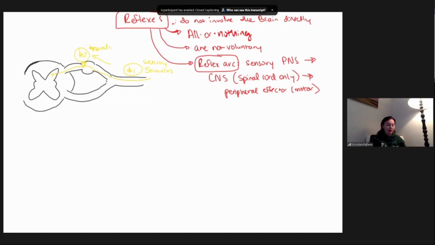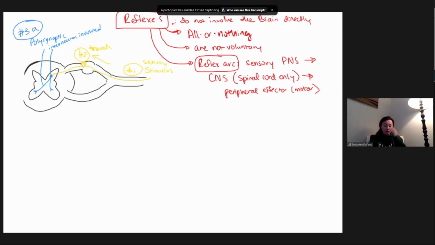And then it can either cross over to the other side, which is called polysynaptic. This would be a polysynaptic neuron, and this would involve my little interneuron. So let's do 3A.